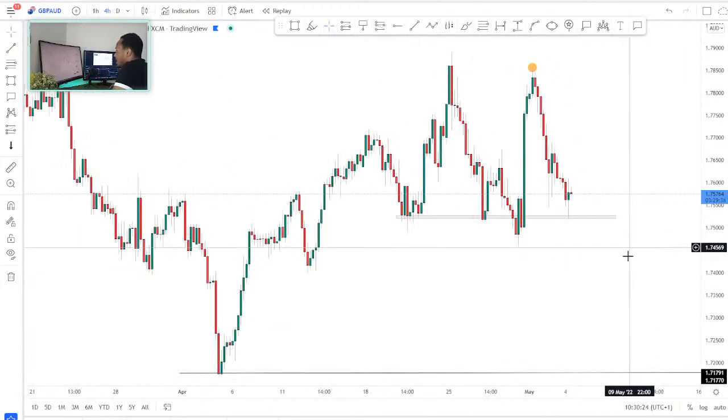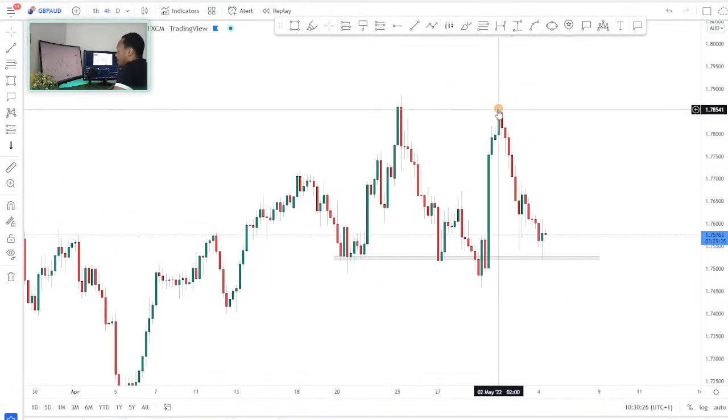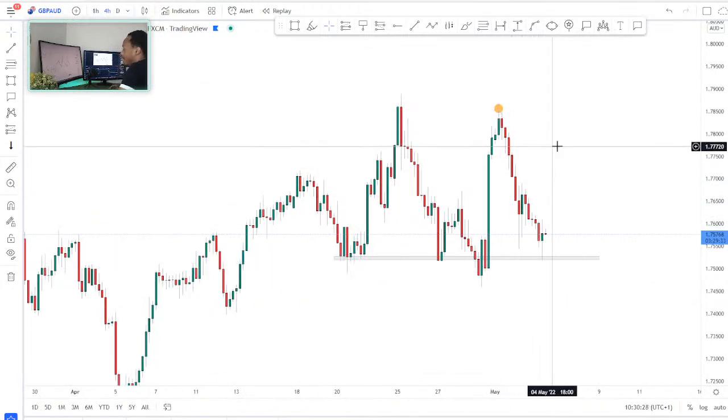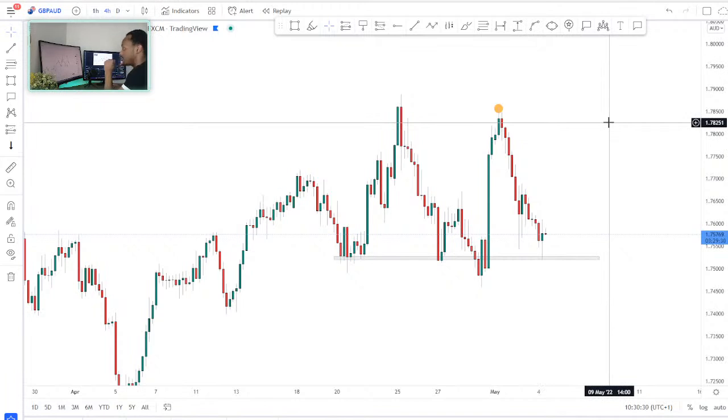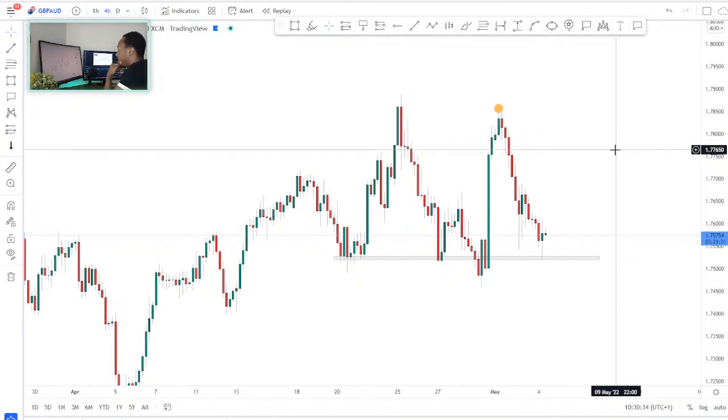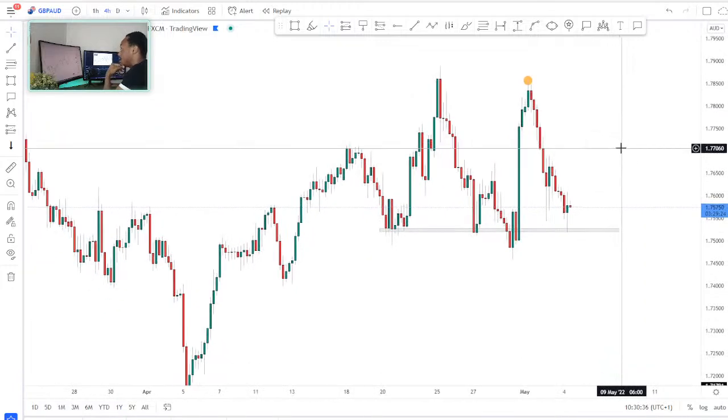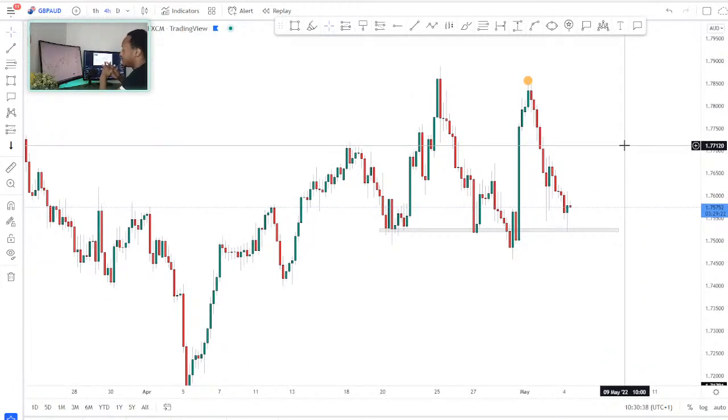Just because the fact that we formed that lower high and we failed to see momentum come back in is not a good sign for me, it's a red flag. So I'm going to wait for some higher lows to get printed, and when that does, I'll look to get back in. But if we can hold that support, there is that chance we can go bullish.